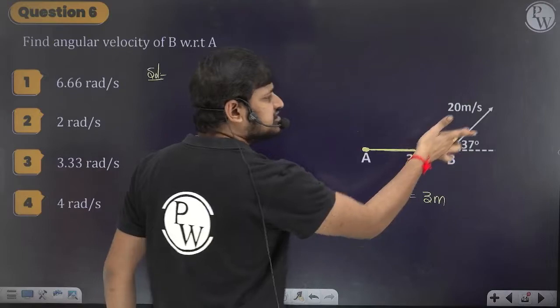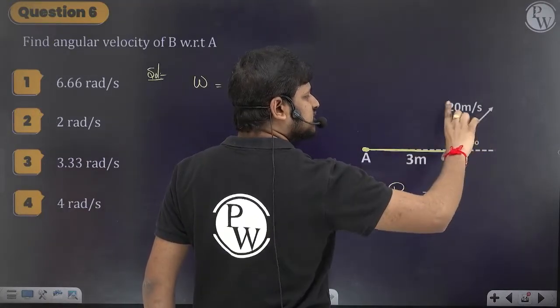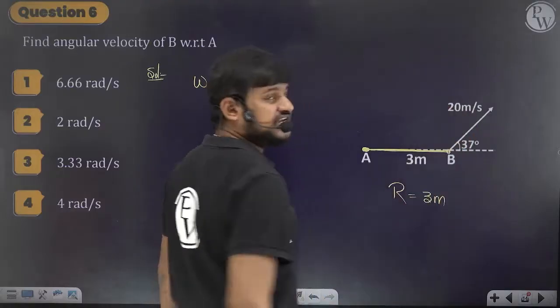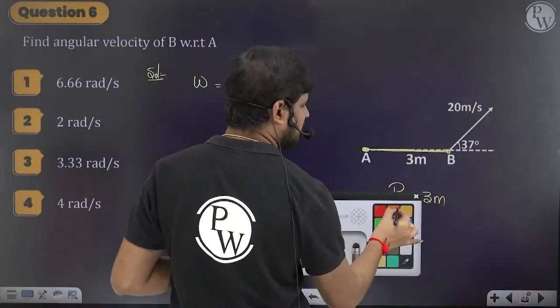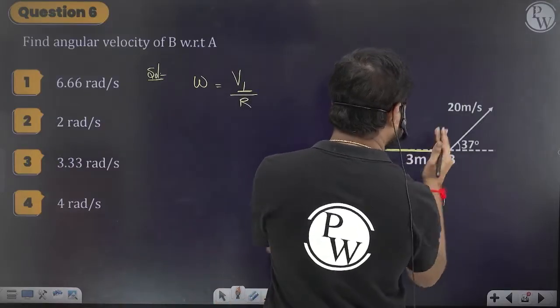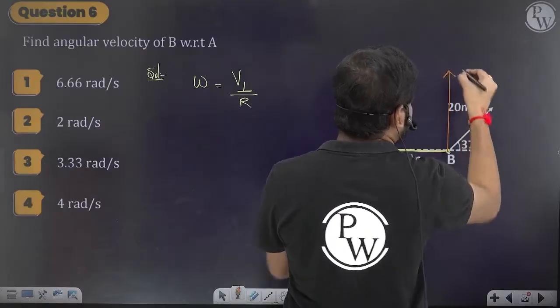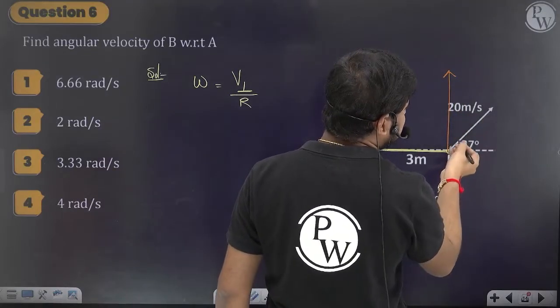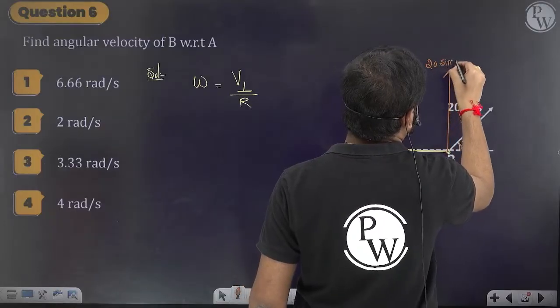But here the velocity is not perpendicular to the radius. This is the radius, and the velocity is like this. So the angle here is how much? 53 degrees. It's not perpendicular. So we need the perpendicular component. How do we find it? This is the radius, so the perpendicular component will be like this. Yes or no? If it is 20, and this angle is 37, then this is going to be 20 sine 37.